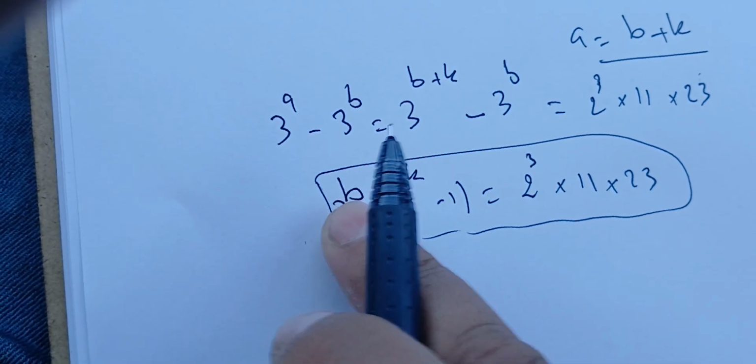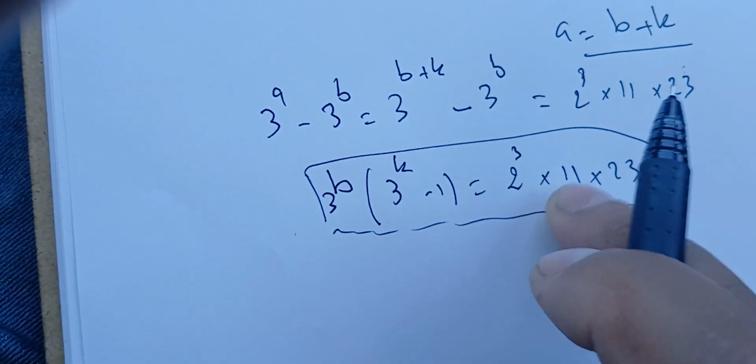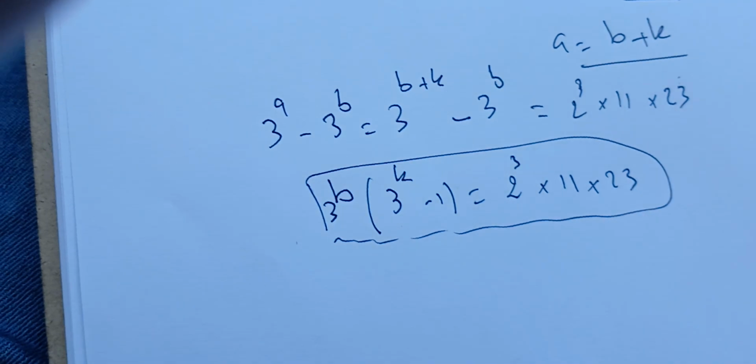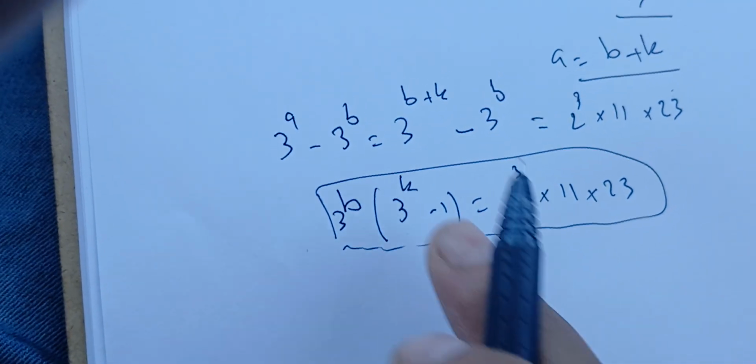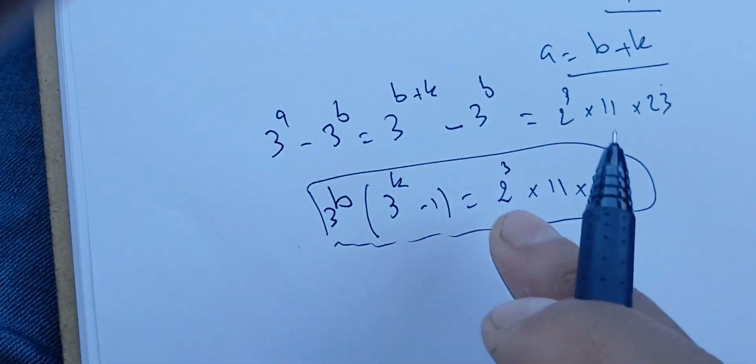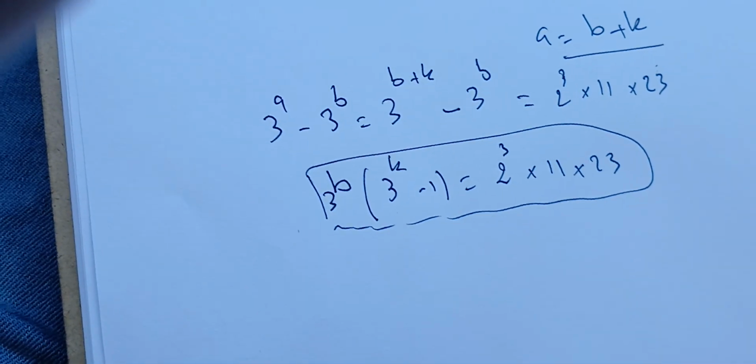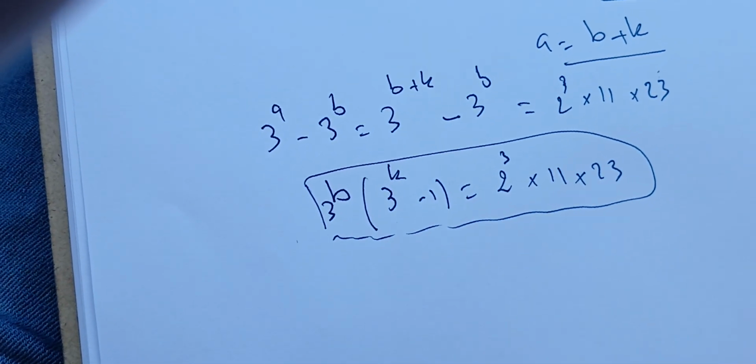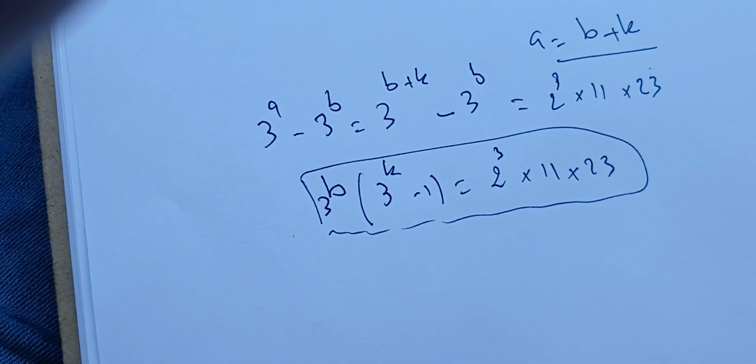Since 3 can't be divided by 11 and 23, the only one left is 3^k − 1. It must equal 2^3.